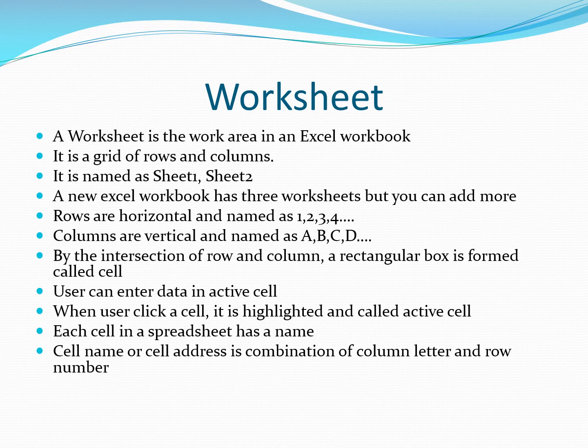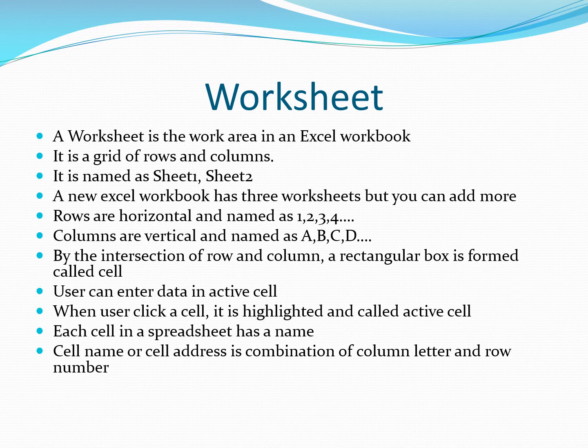By the intersection and by the joining of row and column, a rectangular box is formed called cell. User can enter data in active cell. When user clicks a cell, it's highlighted and called active cell.